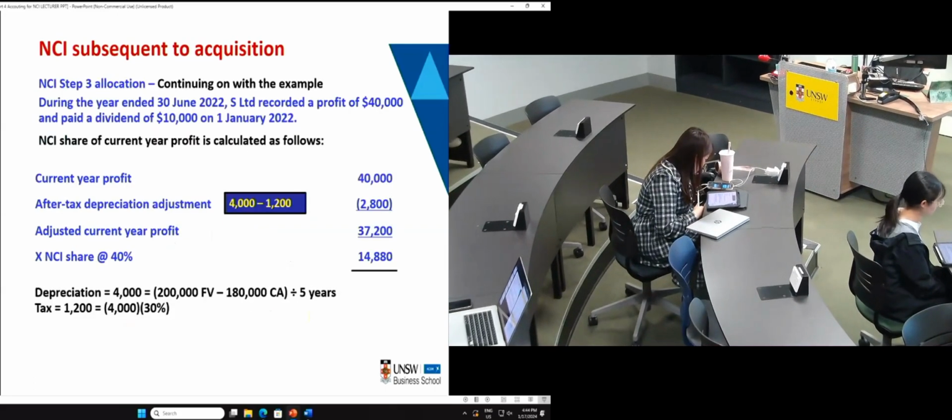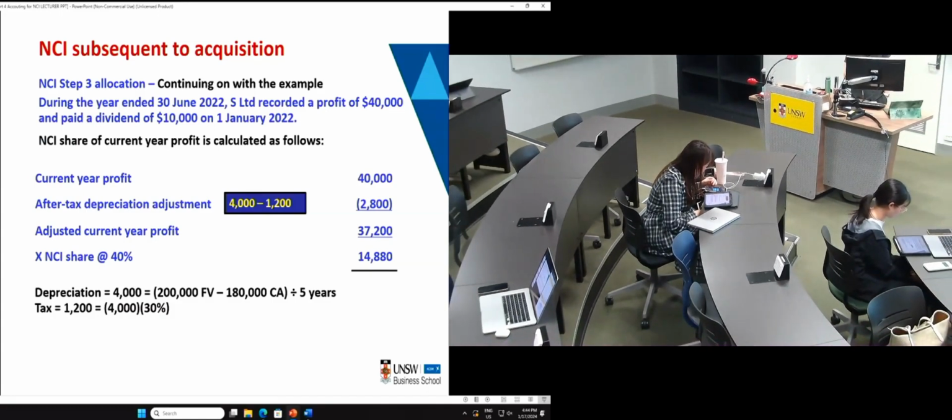Yeah. All right, now let's go back to our question. Subsidiary reported after-tax profit 40,000 and paid 10,000 dividend. Okay. Are we going to simply allocate the 40,000 profit to NCI? Of course not, right? So you can see we should include the following adjustment. Now, where this adjustment comes from?